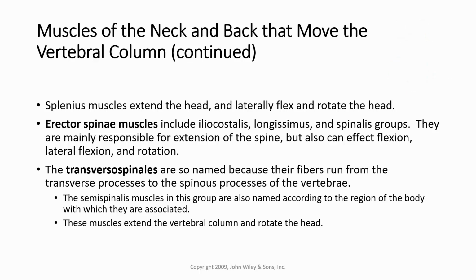And then we have the transversospinales. They're also named because their fibers run from the transverse process to the spinous process of the vertebrae. The semispinalis muscle in this group is also named according to the region of the body with which it's associated. And the muscles extend the vertebral column and also rotate the head.